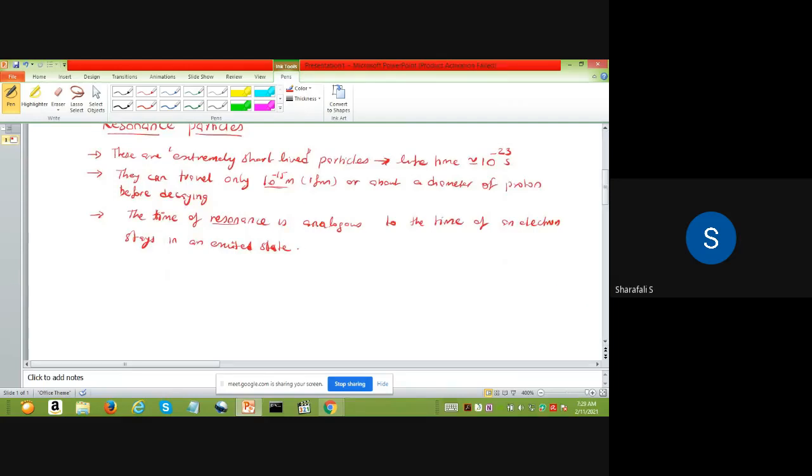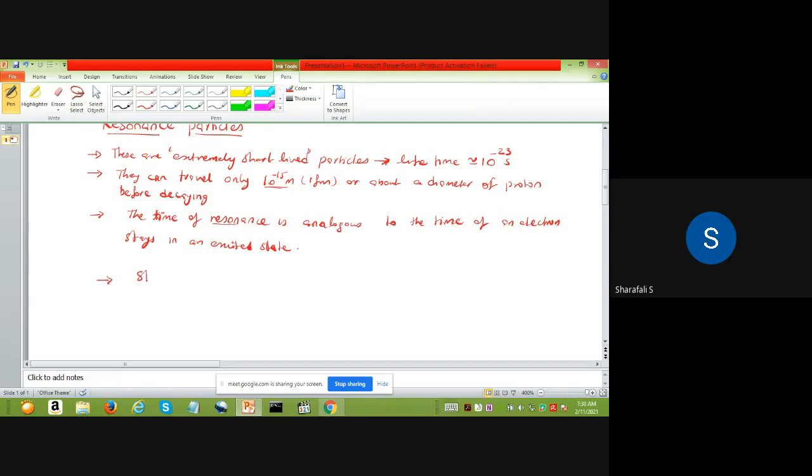When that electron comes back to the ground state, in this particular case, it will be like the resonance particle decaying to other particles after a lifetime of 10 to the minus 23 seconds. So strongly decaying particles do not travel far enough to be observed. Their existence is inferred from their products.